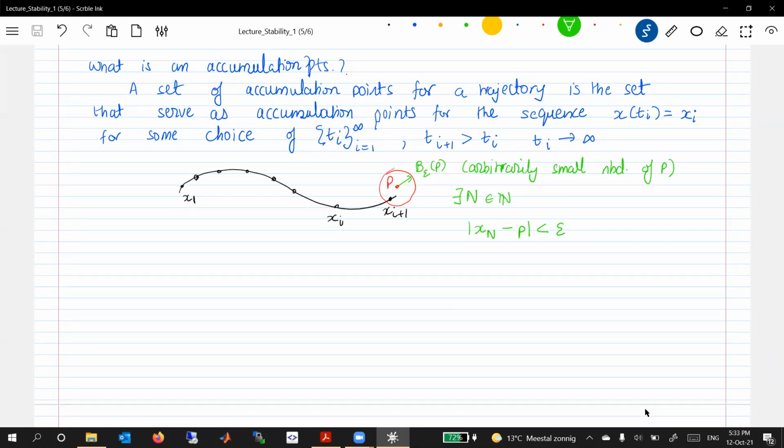So in any arbitrary neighborhood of P, you are densely filling up the trajectory somehow, right?